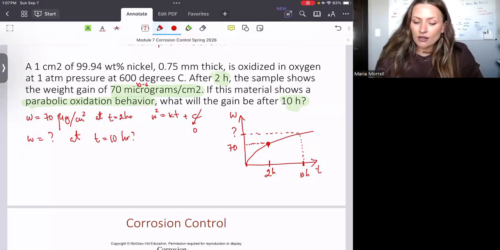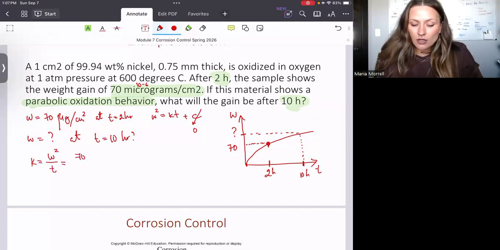So with that being said, the K is going to be omega squared divided by the time. And for this particular scenario, it's going to be 70 squared, right? Okay, let me do the units right away. So it's going to be microgram squared divided by centimeter to the fourth. That's the weight gain.